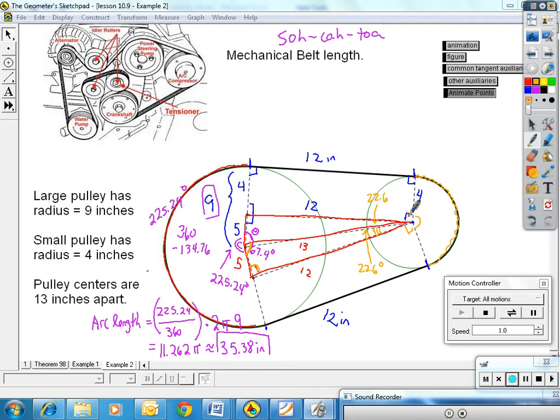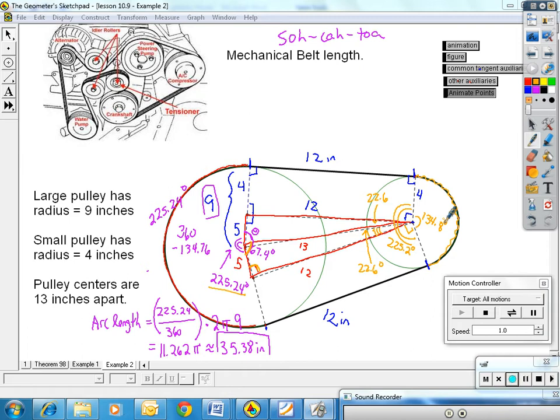All of that comes out to be, voila, 225.24, same value we got over there. So this angle here is 225.2 degrees. Take that difference from 360 and we get 134.8 degrees.